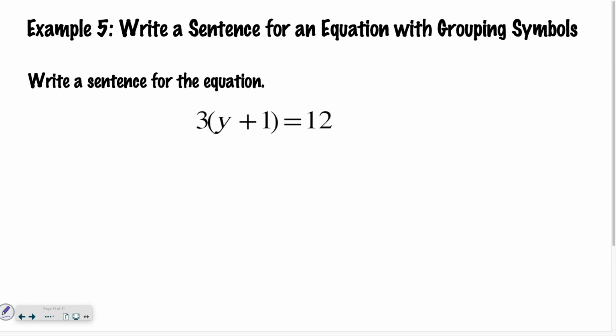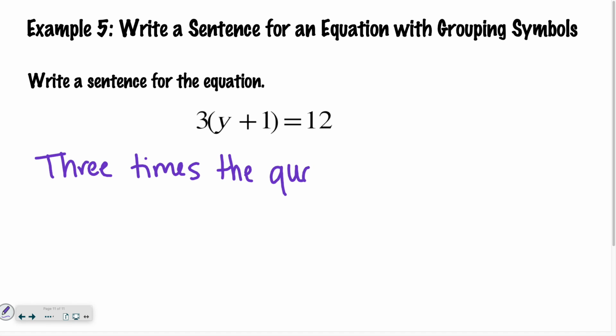Example 5, our last example for today, is writing a sentence for the equation. Here I would say 3 times the quantity of, because remember we just talked about grouping symbols.